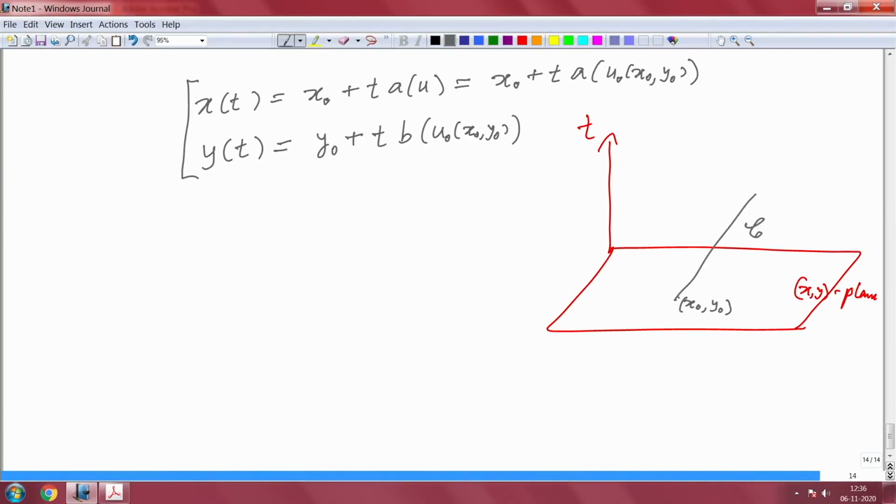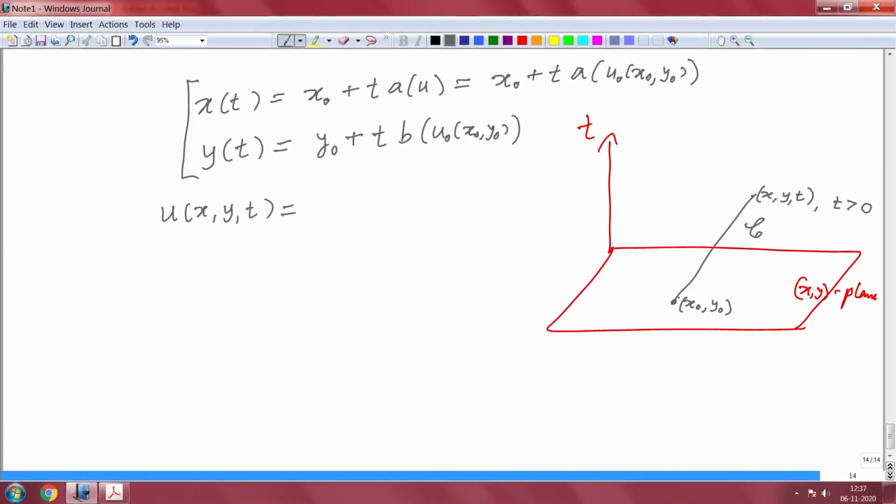Okay. Now, our task is to find the solution. Given any x y t, with t positive, we should be able to draw a characteristic meeting the x y plane at x 0 y 0, and then we should be able to figure out what x 0 y 0 is, and in that case we have the solution at x y t, because u is constant along the characteristic.